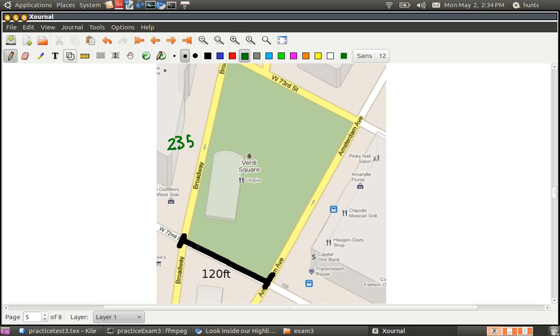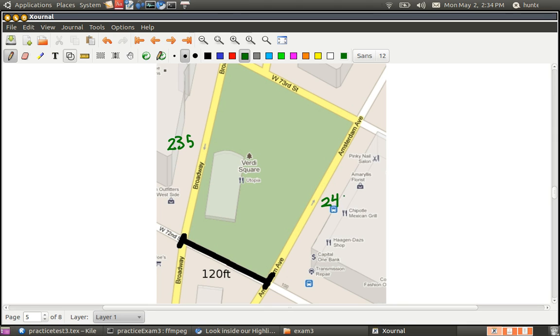Okay, so what did I do? I got this side, Broadway on Verdi Square, is like two of these 120 foot increments minus a little bit. So I say, well, it's probably about twice this minus 5 feet or something. So that's how I came up with 235. And this other side, Amsterdam Avenue, is almost exactly twice the 120 foot side, which I got by just measuring lengths of my pencil.